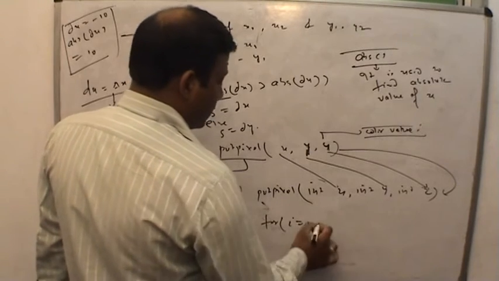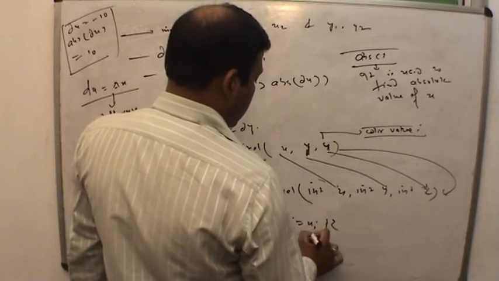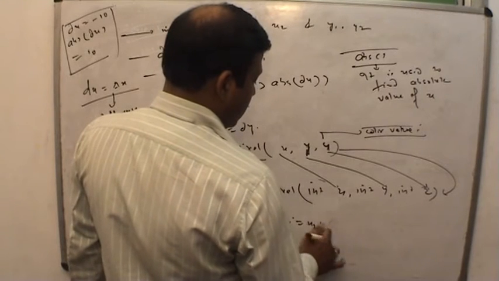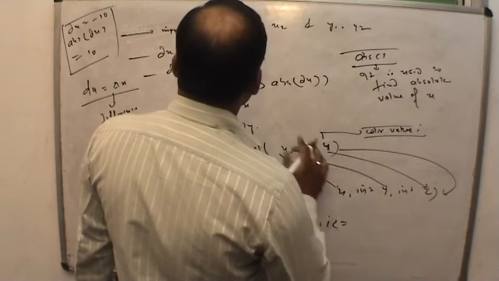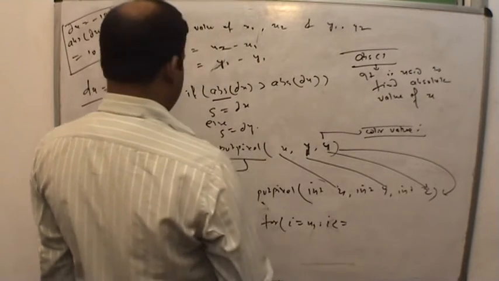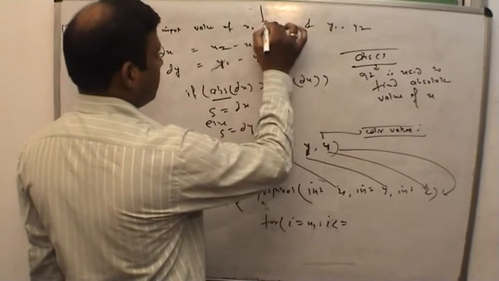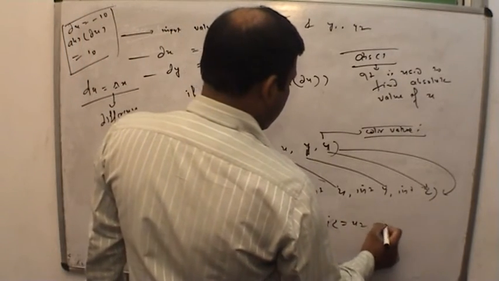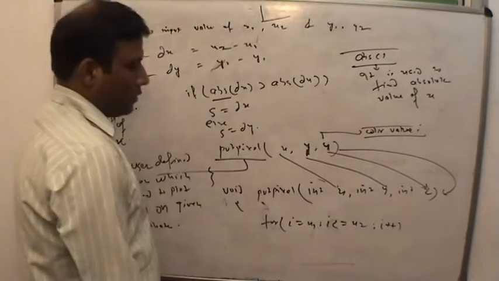And we can plot the pixels for i equal to x, i less than or equal to floating point x1 plus steps.